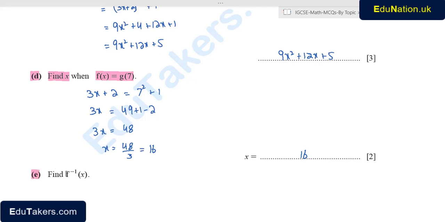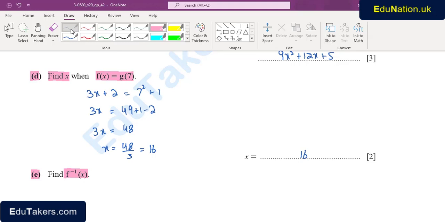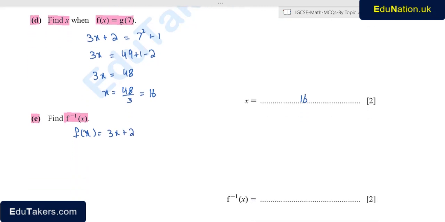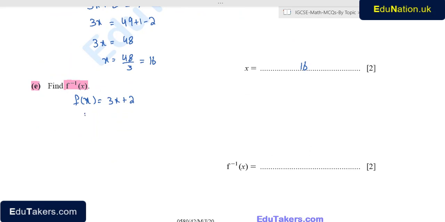Part E, find f inverse of x. f of x is 3x plus 2. Put y equals f of x. Then y is equal to 3x plus 2. From this, y minus 2 over 3 is equal to x.